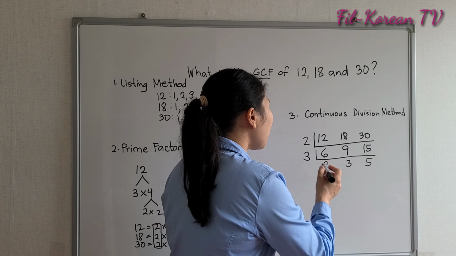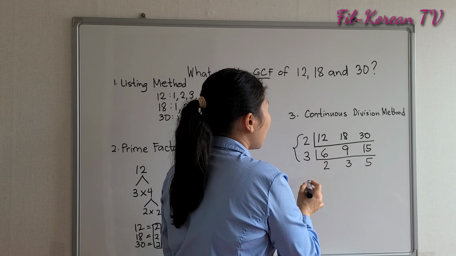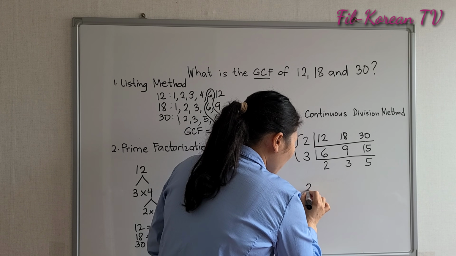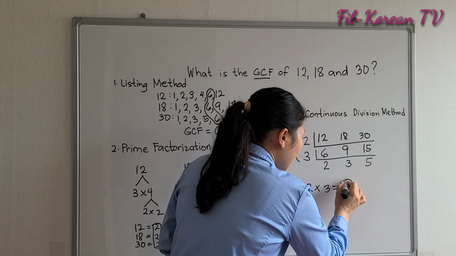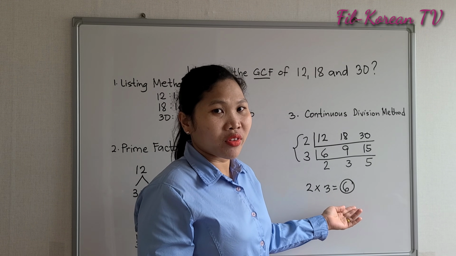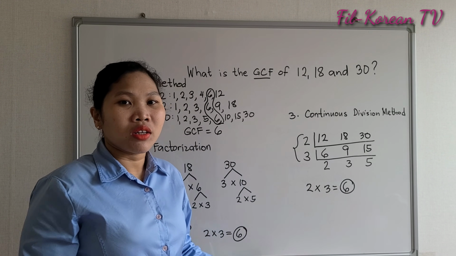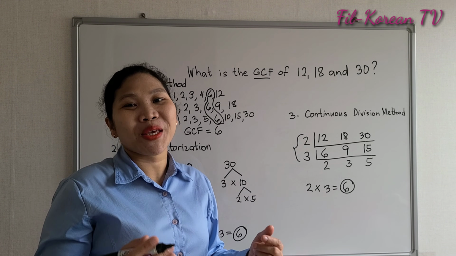Next step, multiply the prime divisors. 2 times 3 equals 6. This is the GCF. Different methods, but the same answer.